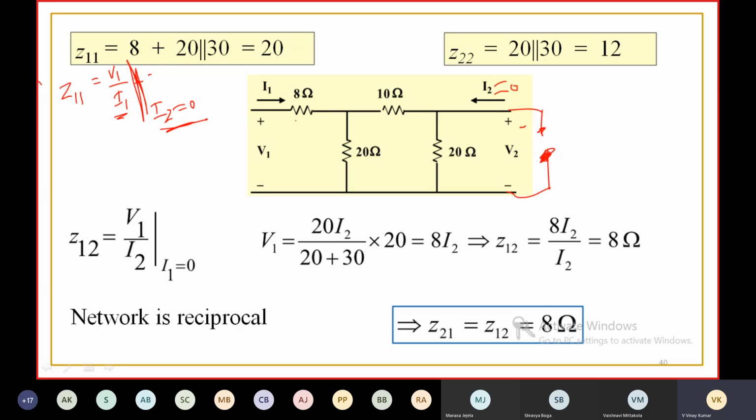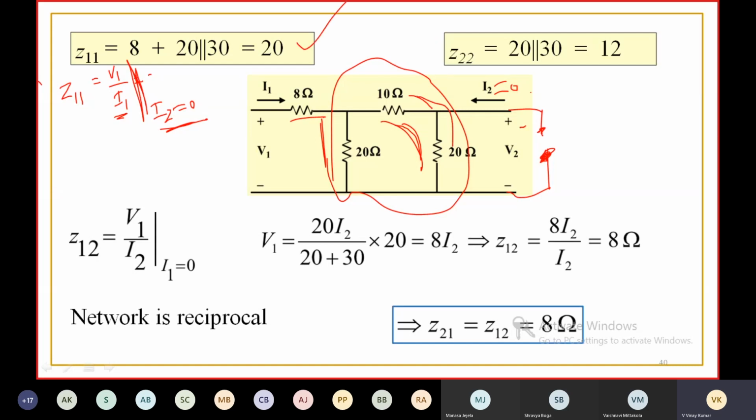Here the resistors are in series, if it is open. This series combination is in parallel with this. This resistance is in series with 8 ohms. Then 8 plus 20 in parallel with 10 plus 20, and you are going to get Z11.